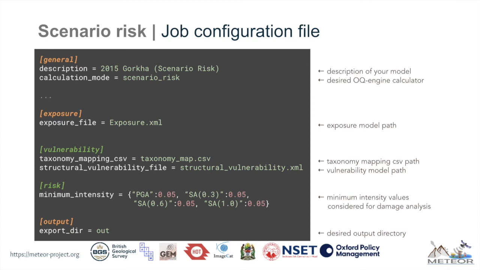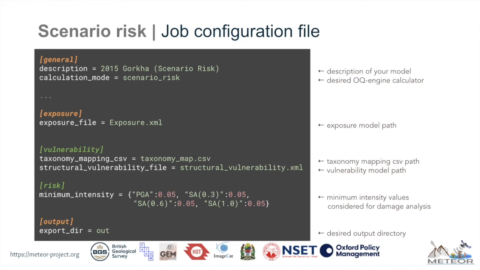Here's a look at the example job configuration file for a scenario risk calculation. Once again, we have the description of the analysis. Then we have our calculation mode, which in this case is scenario_risk.